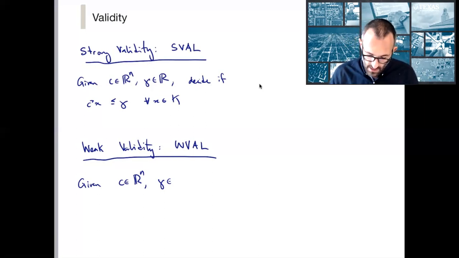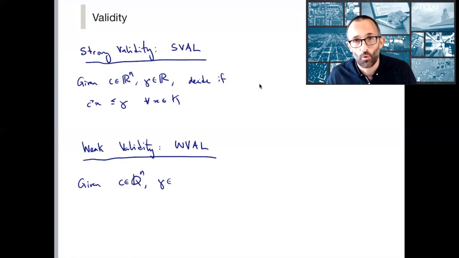So given a C in Rn and a threshold, weak of course means that everything needs to be in Q. That's the whole point of defining weak, so that we don't have to deal with infinite precision arithmetic.